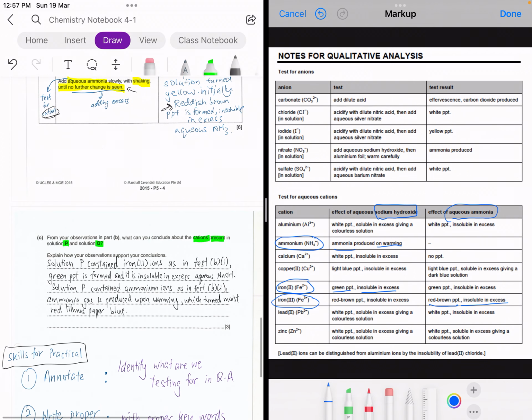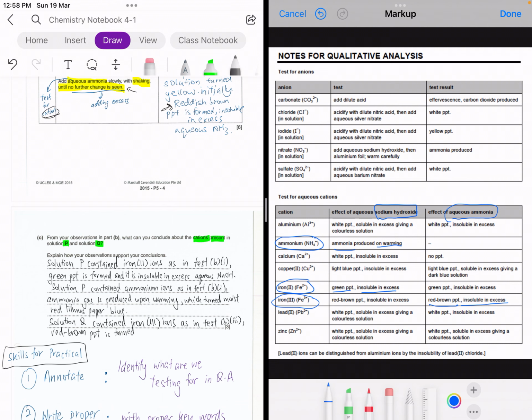Alright, so let's write down. Solution Q contains iron 3 ions. How do we know? As in test B part 3, red brown PPT is formed.